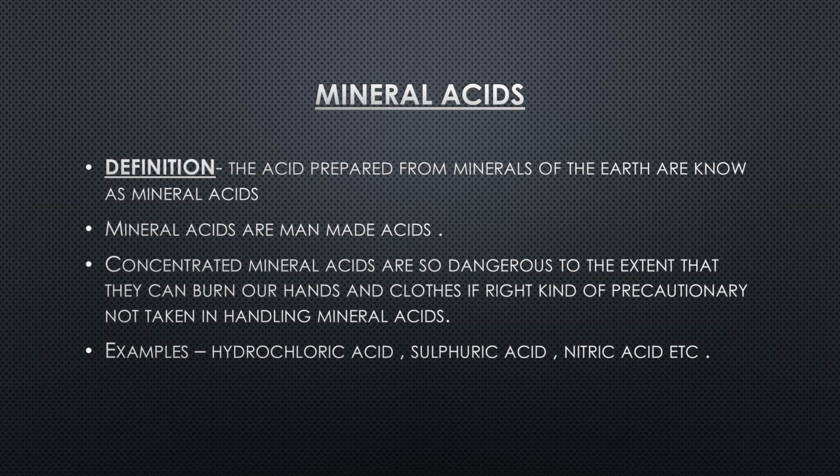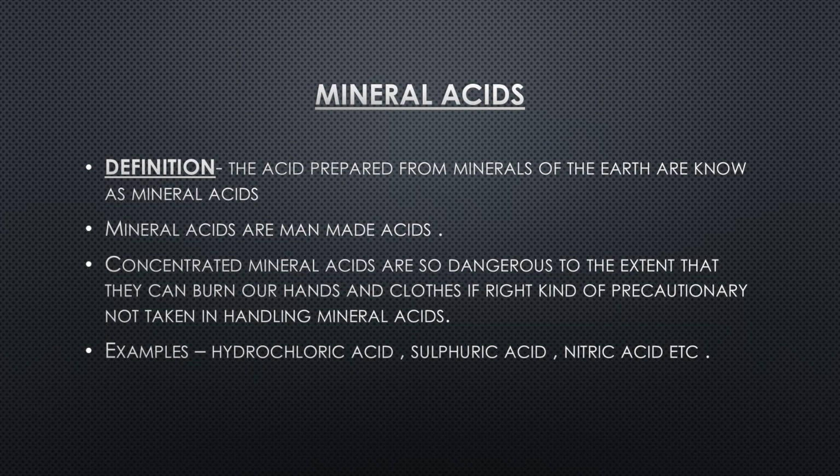Now, the definition of mineral acids. The acids prepared from minerals of the earth are known as mineral acids. Mineral acids are man-made acids. It means they are artificial, not found in our environment naturally.